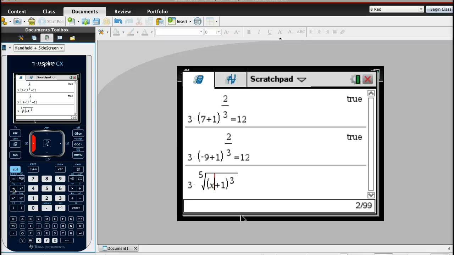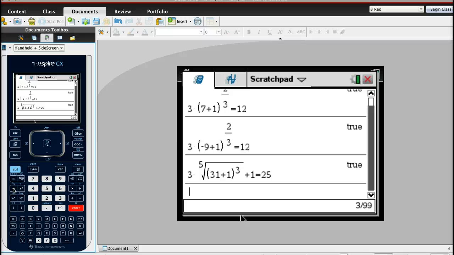Oh, I need a plus 1 there. All right, make sure that's the right equation. I'm setting that equal to 25. Looking at the wrong line. 3 times the 5th root of (31 plus 1) cubed plus 1 equals 25. Let's see if that's true. Yes, it is. Okay, so 31 is your answer here.